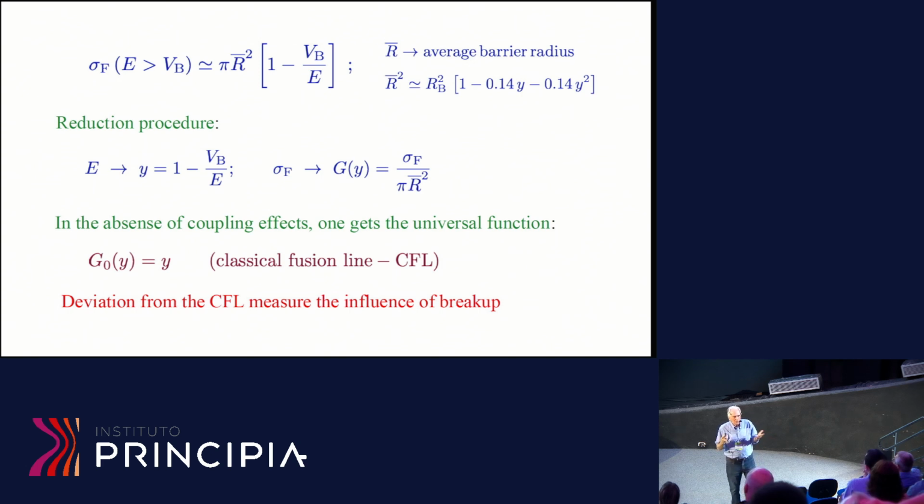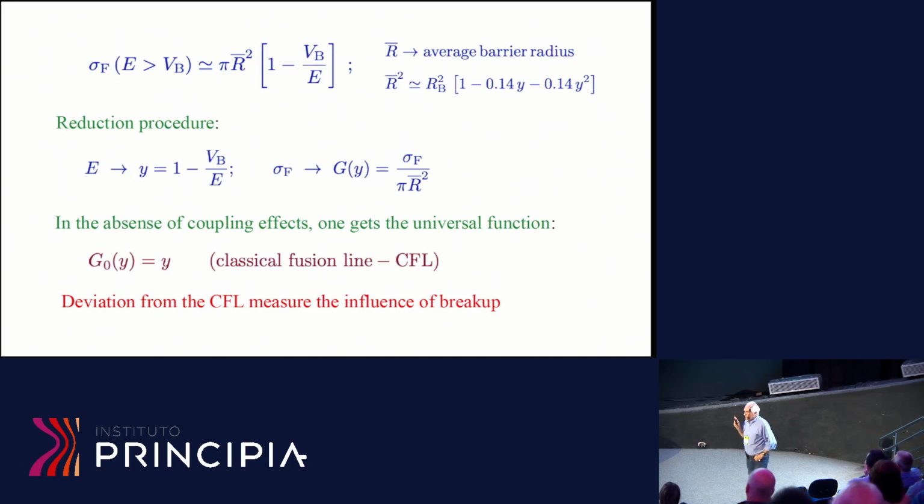So it is a classical approximation for the transmission factor through the potential barrier of the radial equation, which includes the Coulomb term, sorry, the centrifugal term.